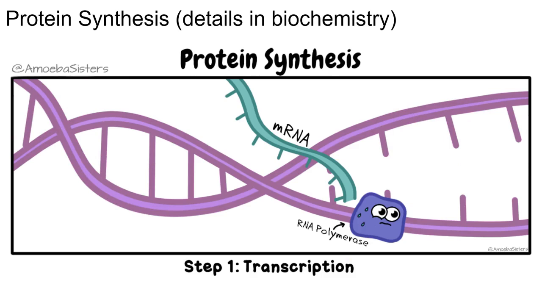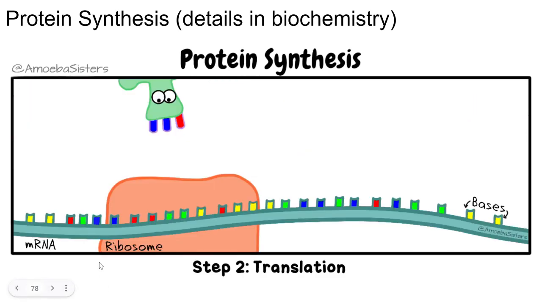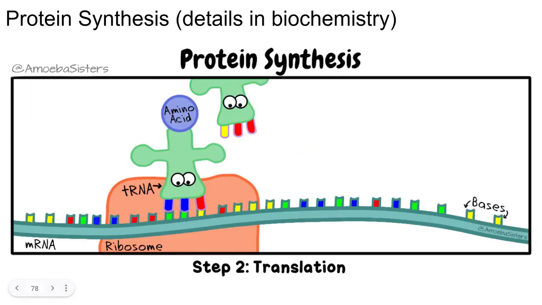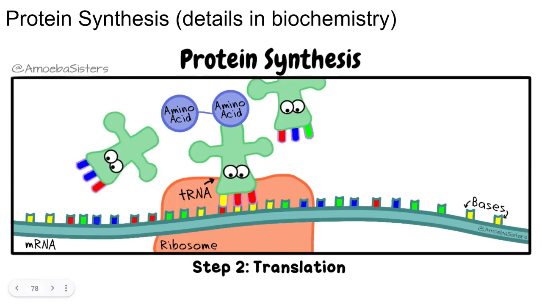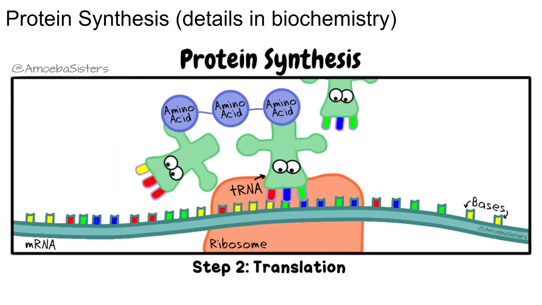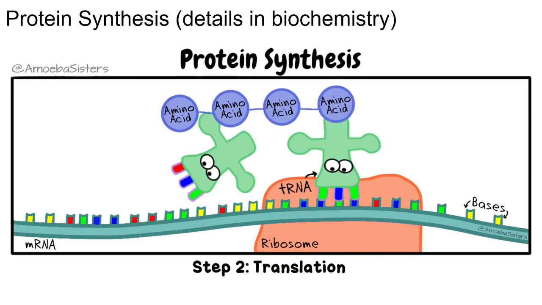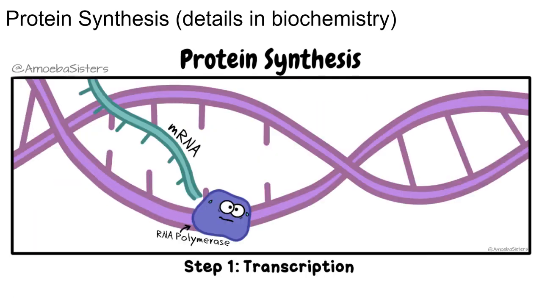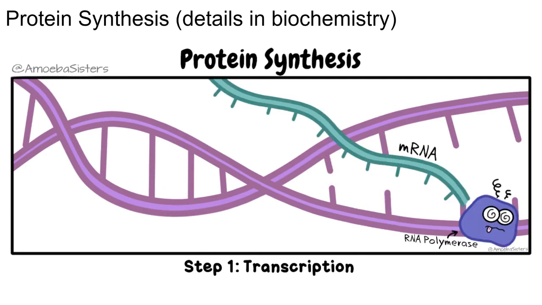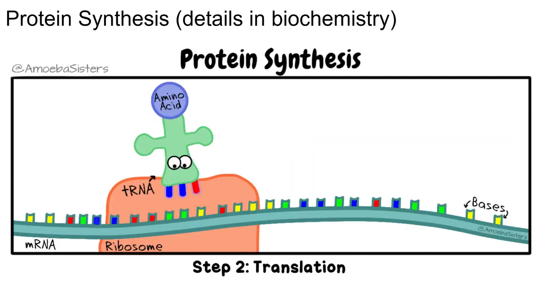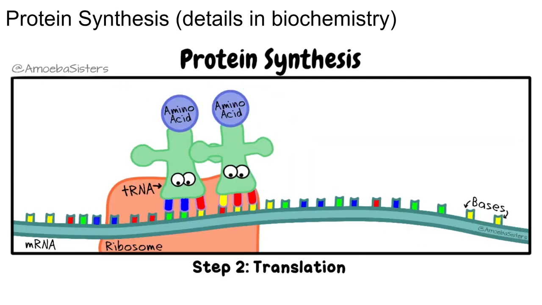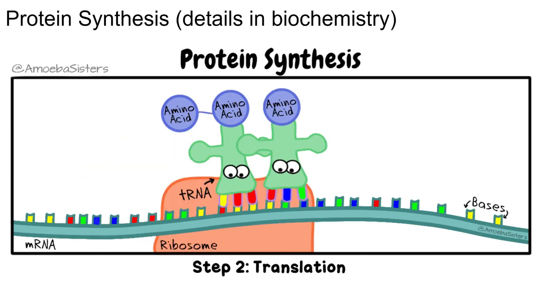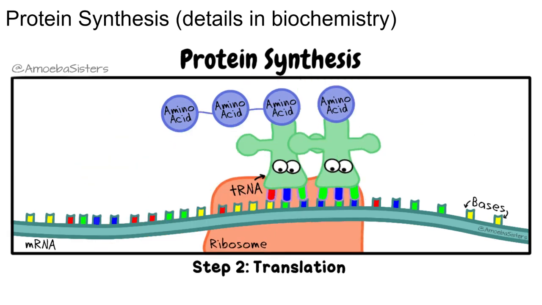Here's just a little animation showing the different steps. I'll wait till it restarts to explain a bit. So the first step, the DNA is unwinding, messenger RNA is being created, it went out to the ribosome, and now transfer RNAs are bringing in the correct amino acids.